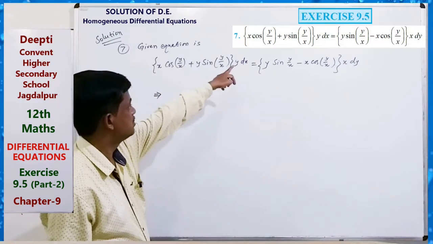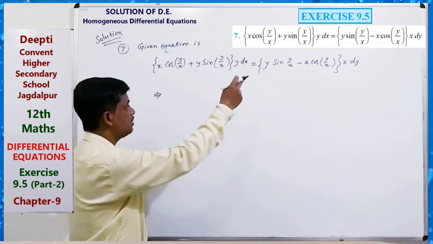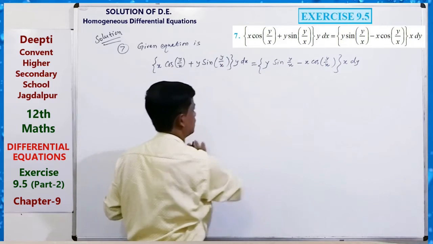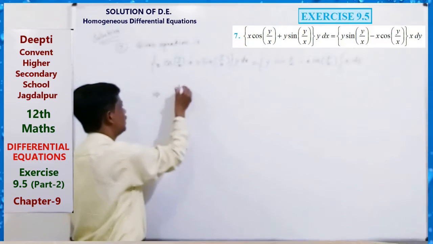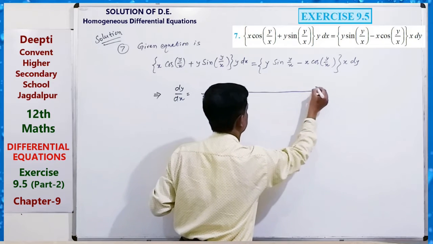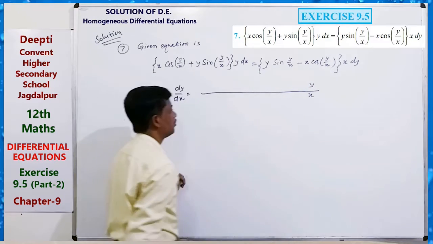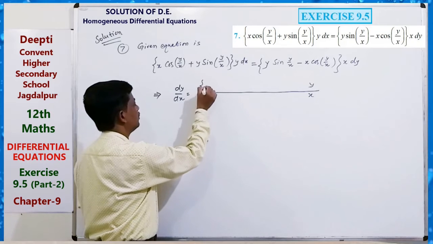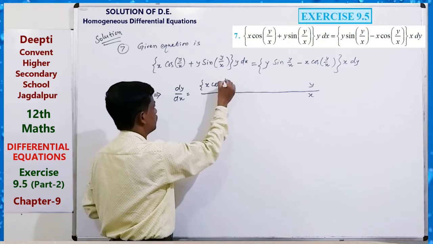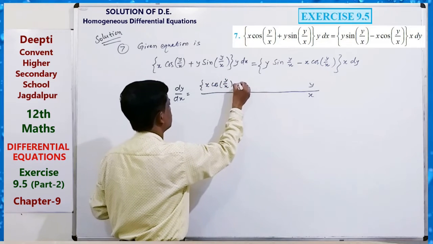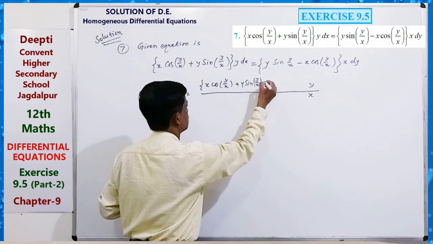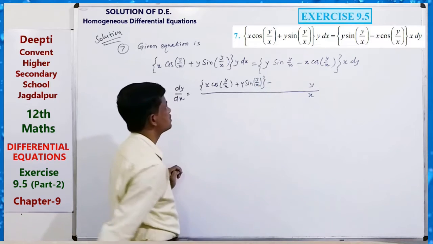Here, for finding dy by dx, dy by dx equals this upon this. We can write dy upon dx equals y sin y by x minus x cos y by x, upon x cos y by x plus y sin y by x.